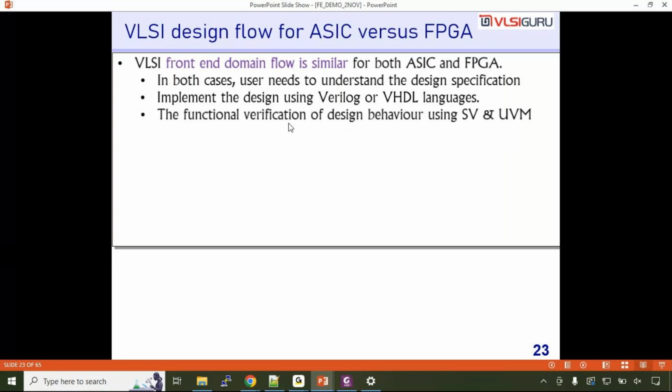The third is functional verification of design behavior using SV and UVM.